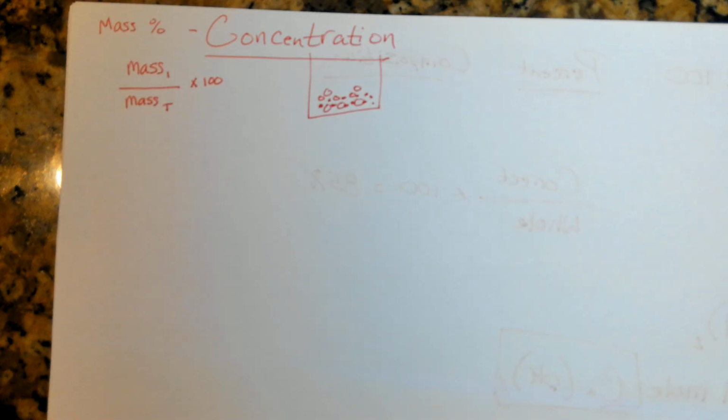So if you had very low hydrochloric acid and were feeling a little crazy, you could dump it all over your body and nothing would happen. But if you had very highly concentrated hydrochloric acid and you dumped it on your body, it would burn your skin away. That's not great.